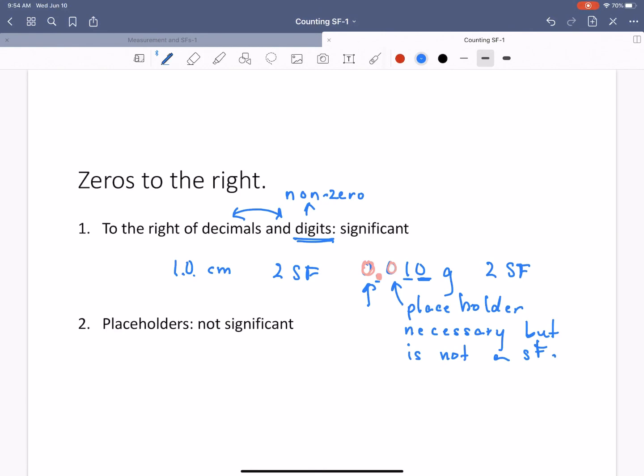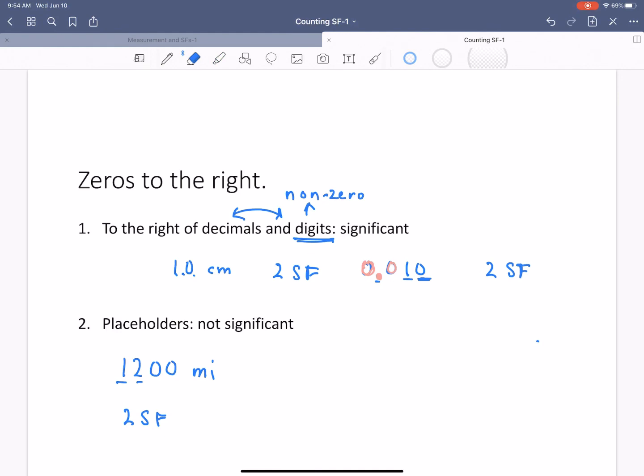Sometimes we can't tell if things are placeholders or measured. Like here I have a number, 1,200 miles, and I don't know, was this measured and estimated, 2 sig figs? Or maybe measured, estimated, and this is the placeholder, 3 sig figs.